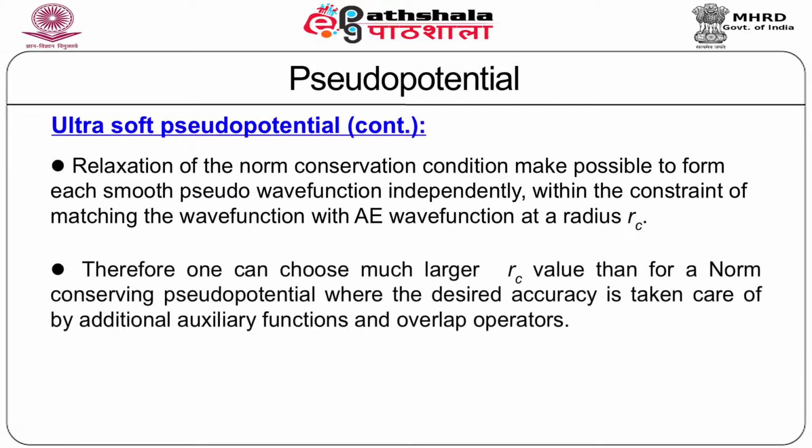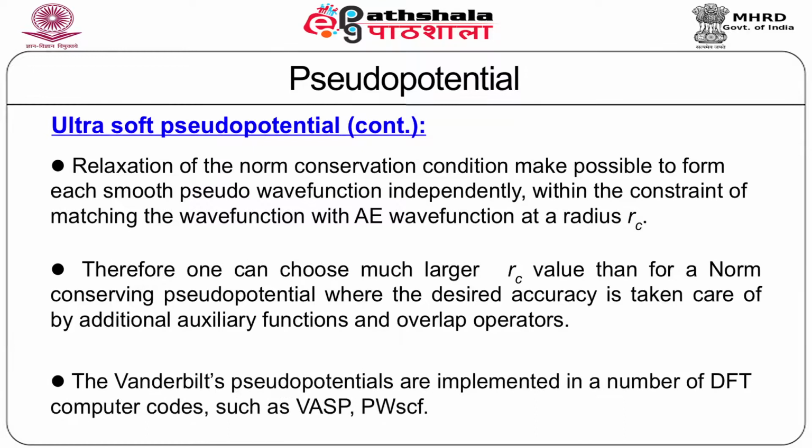Therefore, one can choose a much larger RC value than for a norm-conserving pseudopotential, where the desired accuracy is taken care of by adding additional auxiliary functions and overlap orbitals. Vanderbilt's ultra-soft pseudopotentials are implemented in a number of modern-day density functional theory computer codes such as VASP and PWSCF, which these days goes with the name Quantum Espresso.